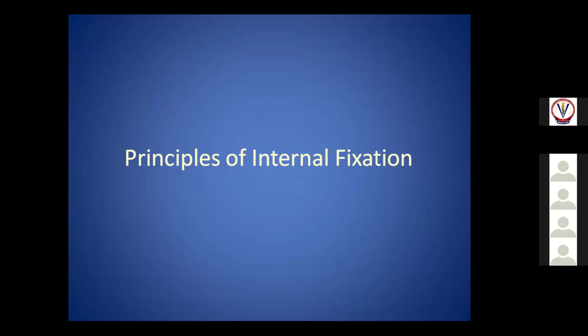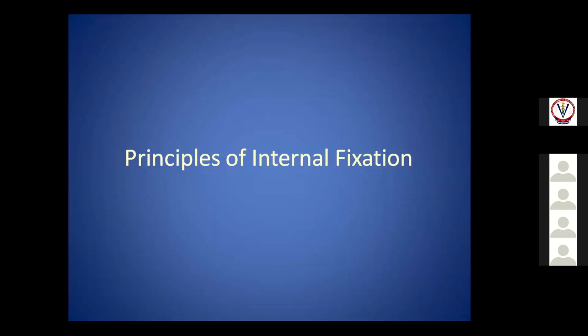The basic idea of this vast classification talk is that you should keep this in mind for the future treatment protocol. Closed versus open should have a different treatment protocol. Transverse and oblique should have a different treatment protocol, because the implant you are using should be in a position to counteract the forces that are acting on a particular fracture.